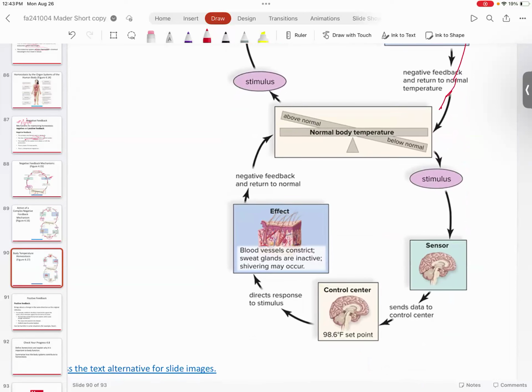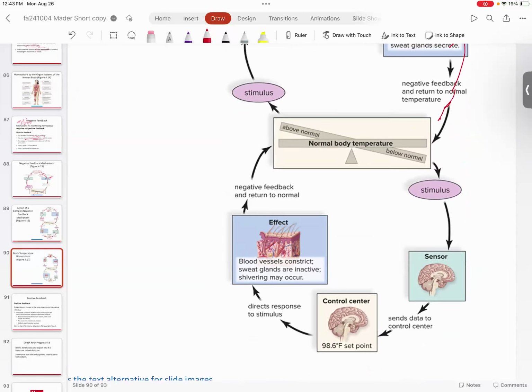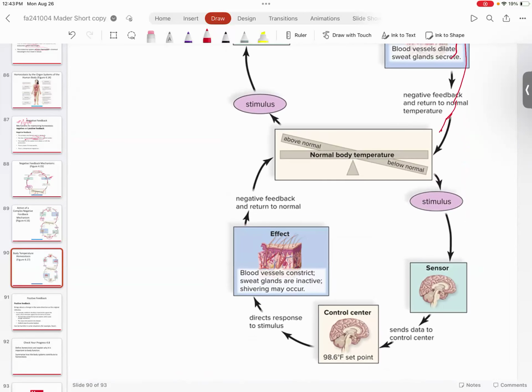On the flip side of things, you could get too cold. If you get too cold, your stimulus is going to go to your hypothalamus. You have sensors saying, ooh, it's getting a little cold here. It's going to go to your hypothalamus, which is then going to make some sort of a decision that now what needs to happen is you need to constrict your blood vessels so you don't lose your heat. You want to preserve it, and you want not to sweat. You also may shiver.